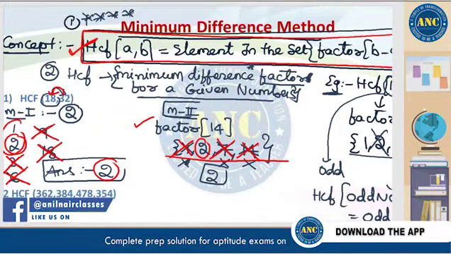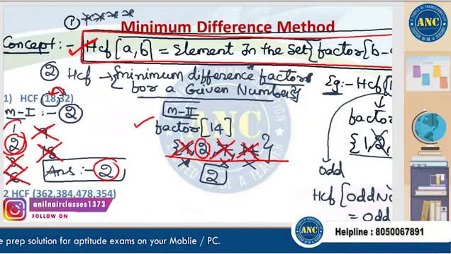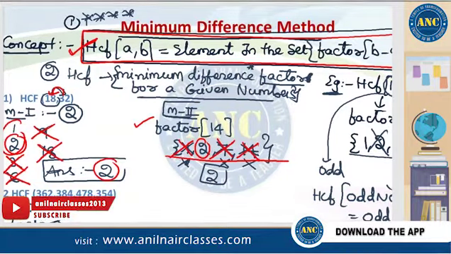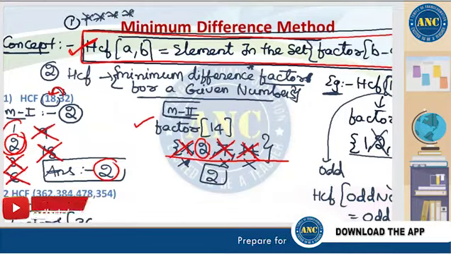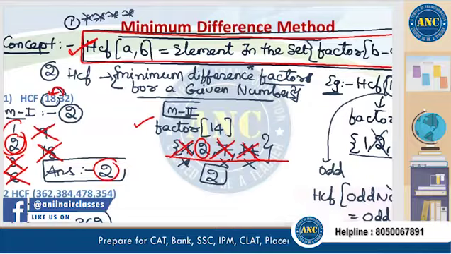Now the second problem. If you see method 1, you have to take all the factors of 362 in this case. Am I right? All the factors of 362 you have to take, which will be a lengthy process.